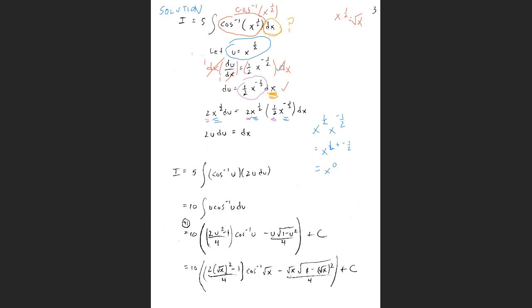That's x to the 0 power, which equals 1. So all of this here equals 1, and so dx is 2u du. So now we know what dx is. It's 2u du.